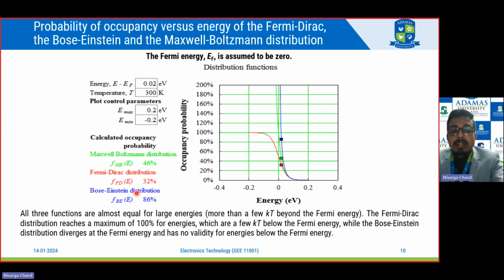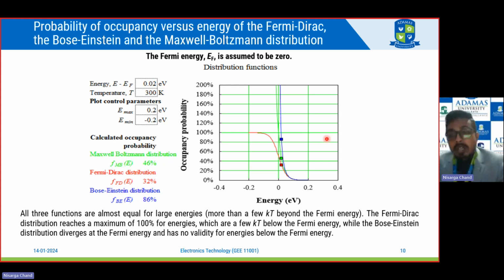As we can see from the result, all three functions are almost equal for large energies, more than a few kT, that is, the Boltzmann constant multiplied by the temperature.